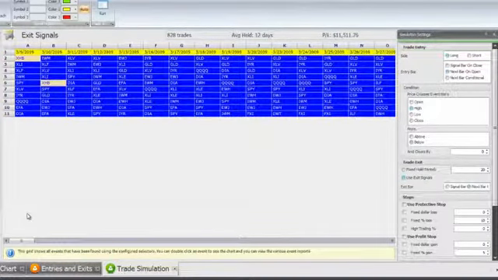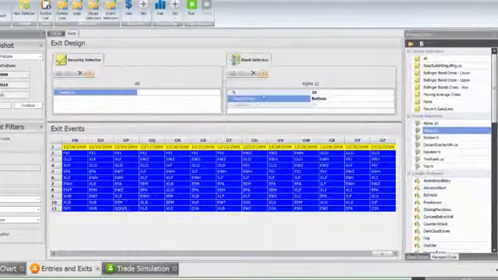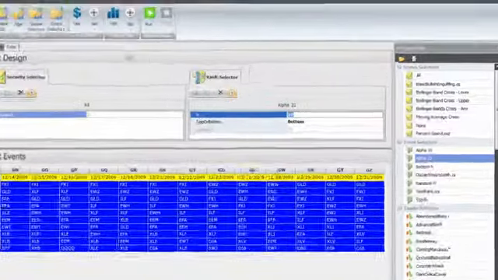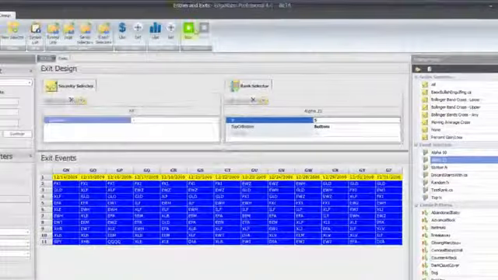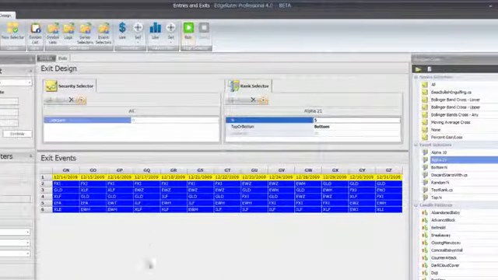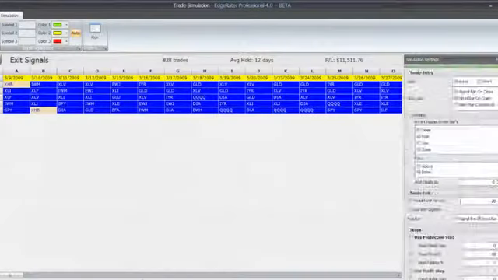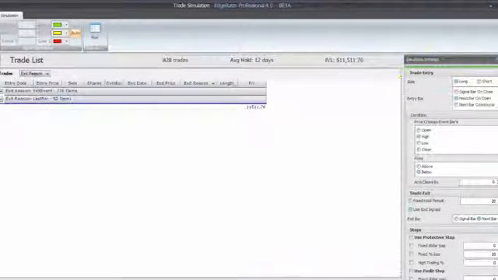Okay, now if we drop that down on the exits to the bottom 5, let's see how that changes the results. Okay, so we go to the exits. We're going to take 5 instead and hit that. Now we go back to the trade simulation, and this time we have to run this simulation again.